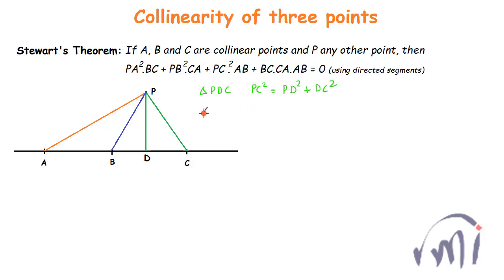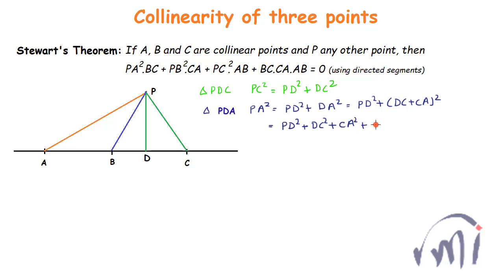And in triangle PDA, PA square is equal to PD square plus DA square, and this DA can be written as DC plus CA, where all of these are actually vectors. So this can be written as PD square plus (DC plus CA) whole square. So this will be equal to PD square plus DC square plus CA square plus 2 dot DC dot CA.